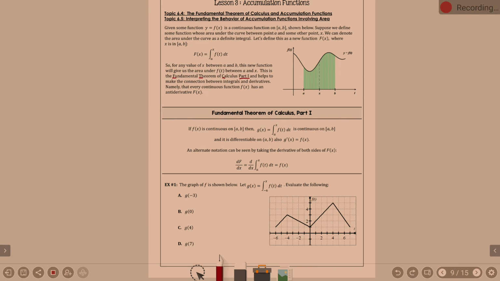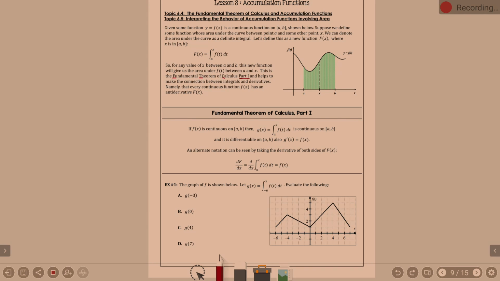If f of x is continuous on the interval, then g of x is equal to the integral from a to x of f of t dt, which is continuous on a to b and also differentiable on a to b, and g prime of x is equal to f of x. So the idea here, okay, is that derivatives and integrals essentially undo each other.